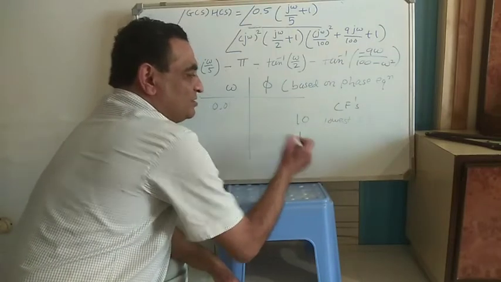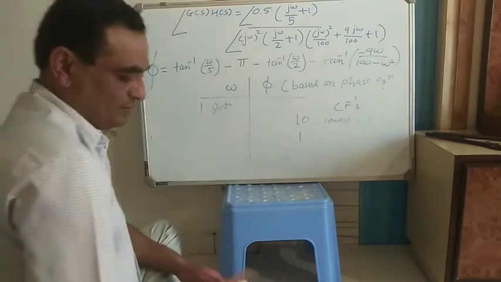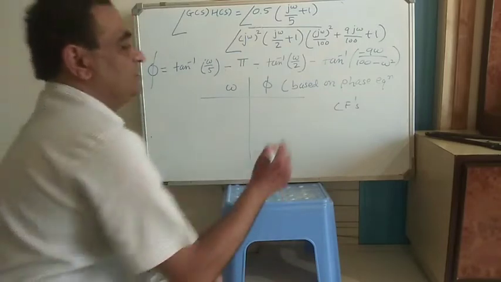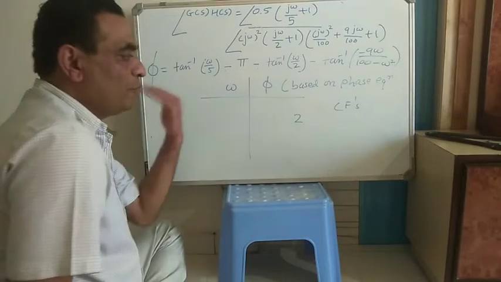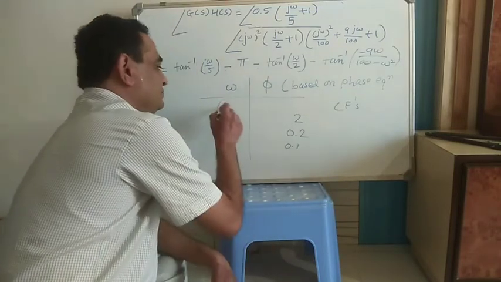One decade behind 0.2 is 0.02. So you can start from 0.01. Let's say your lowest corner frequency is 10. Then you go one decade behind, which is 1. So start from 1. Let's say your lowest corner frequency is 2. Then one decade behind is 0.2, so you start from 0.1 then.